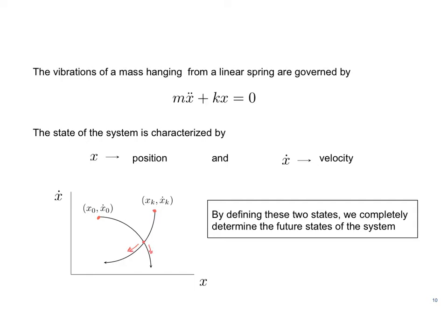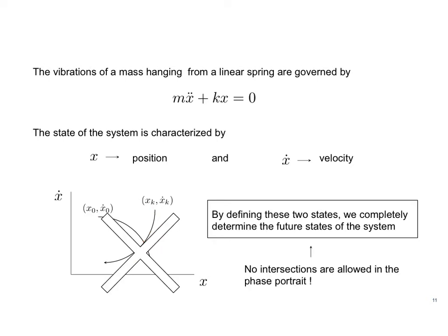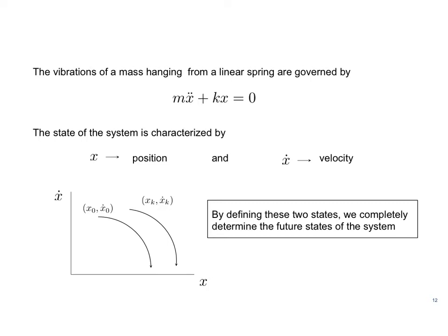So this is going to be an ill-posed problem, and that's why we don't want to have intersections in the phase plane, the phase portrait. We will often see that just a given condition, in this case position and velocity, completely defines the future. There is no ambiguity of dual futures. There is just one line, so we don't have intersections in the phase portrait.